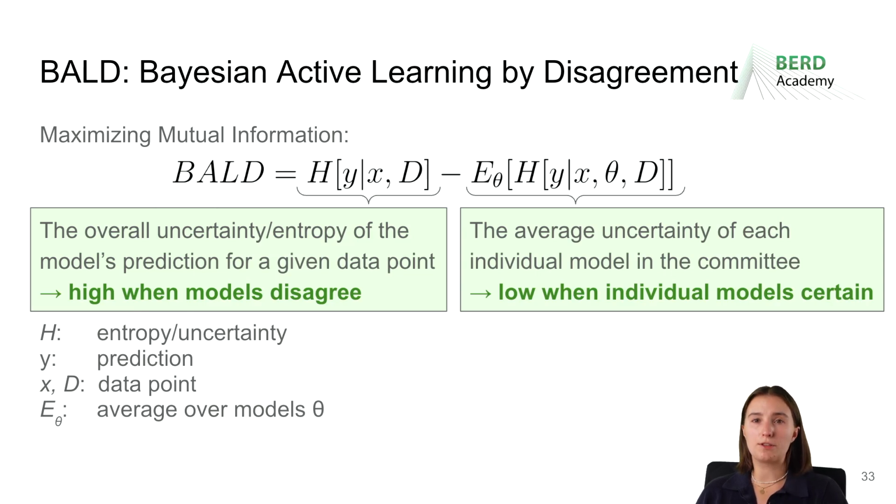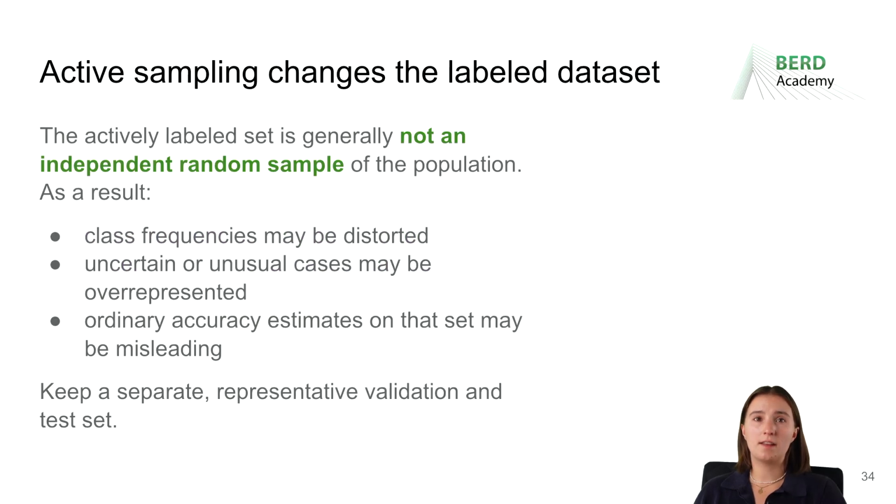Okay, so now I presented you different strategies how to choose your next data points to label. However, as with all the methods that we consider, it's always a trade-off, because even though active learning can reduce the budget that you need, may it be time-wise or money-wise, the caveats are that active learning generally creates not an independent random sample of your population, because whatever you have labeled so far already influences what you will label next.